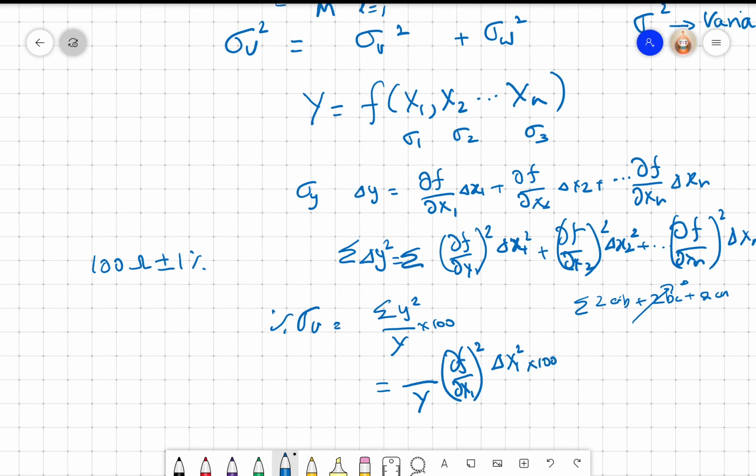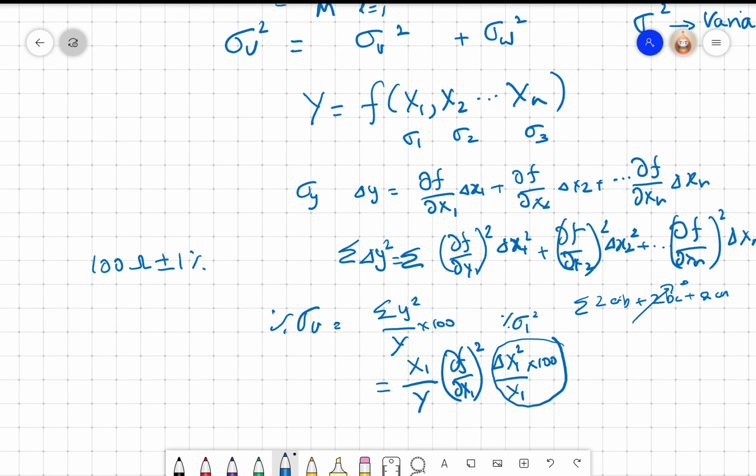We do the same thing, x1 in the numerator, x1 in the denominator. Now this is nothing but percentage sigma 1 square. Am I right?